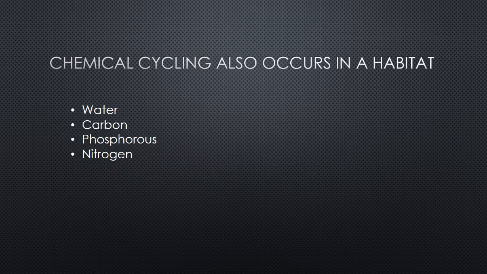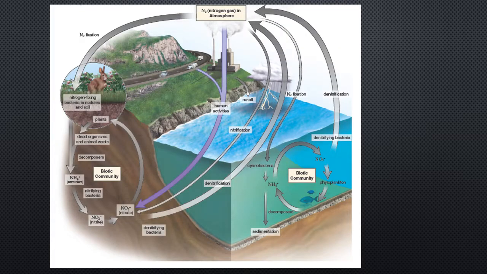Okay, so we've talked a little bit about how energy flows through communities. There's also just chemical cycling that occurs within a community or within a habitat. So water, carbon, phosphorus, nitrogen, all of those cycle through a community. Okay, so let's just look at nitrogen as an example.